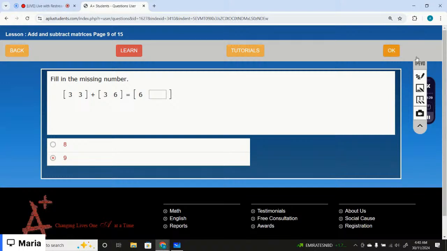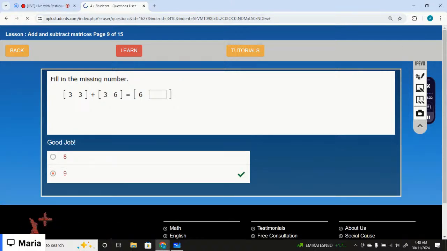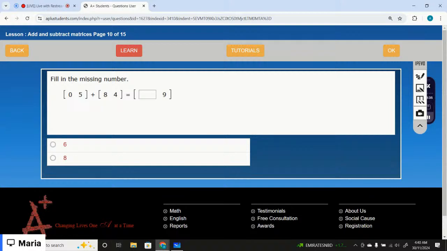9. Option number 2 is the correct option. That is 8.